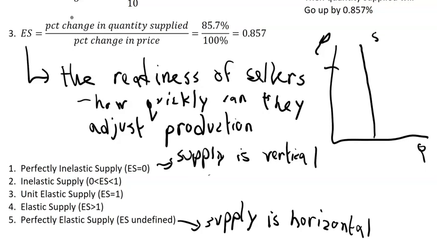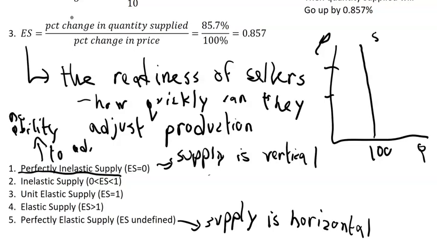No matter what the price change is, I cannot change my quantity supplied. It remains, let's say, at 100. Under this case, suppliers have no ability to adjust their production. Sellers have no capacity for increasing output.